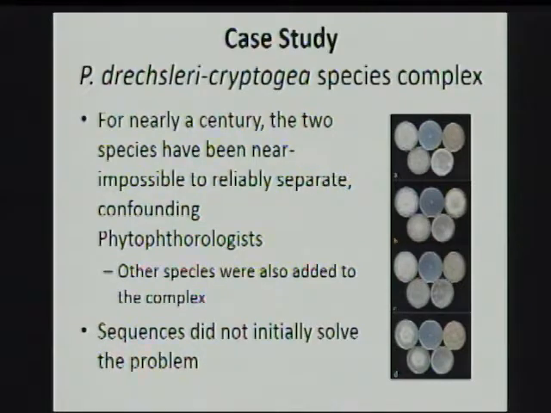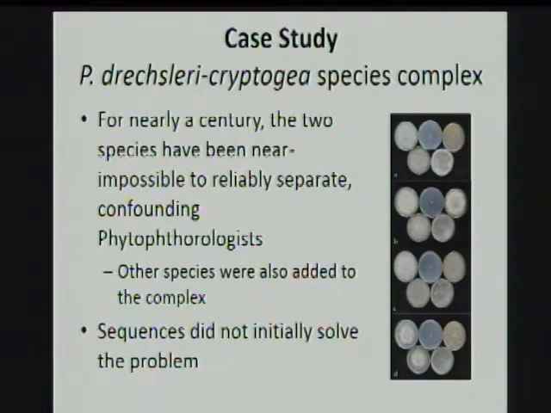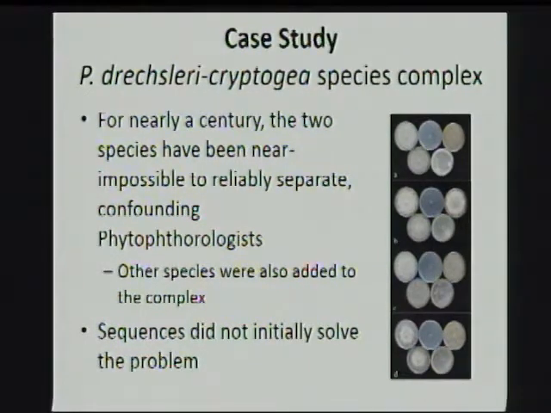And when I started my PhD, if we encountered members of this group, I would just say, oh, they're in the drechsleri-cryptogea species complex, and I can't get any more specific than that. And if anyone gave you a more specific determination, they don't know what they're talking about. So that's where we were.